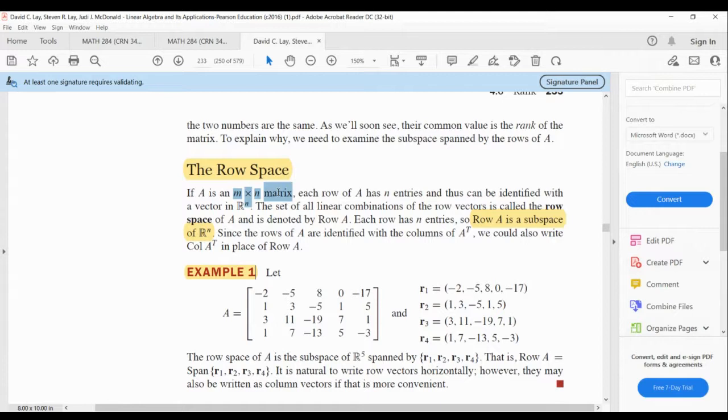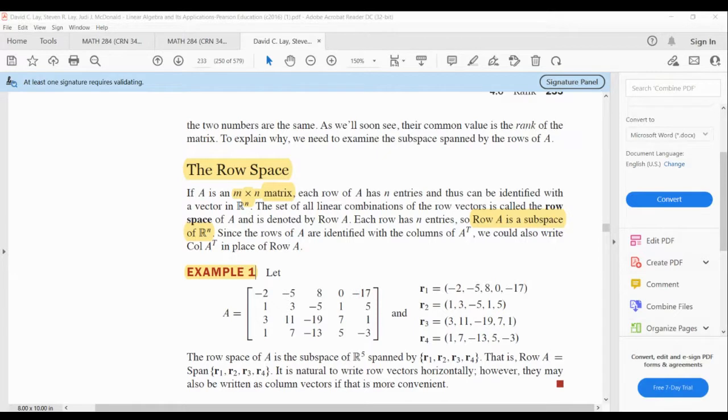We have an M by N matrix, and the row space is a subspace of n-dimensional space. What they're doing in example 1 is they have this matrix A. It has 4 rows and 5 columns, and they've written down on the right the 4 rows that make up the row space.